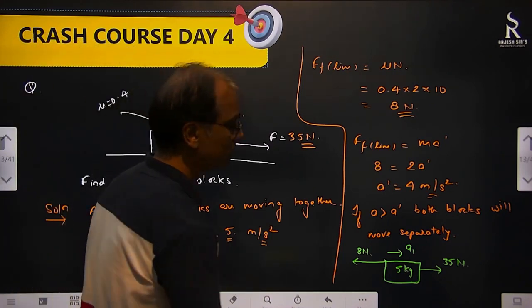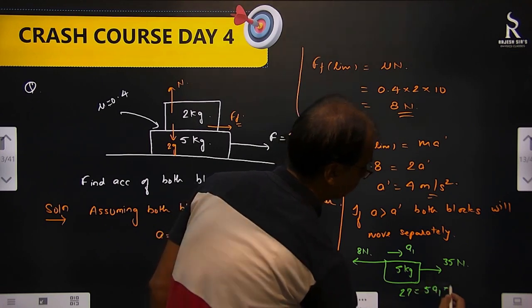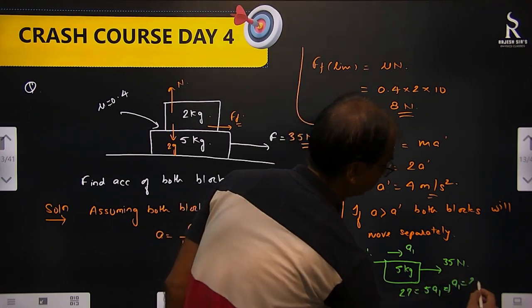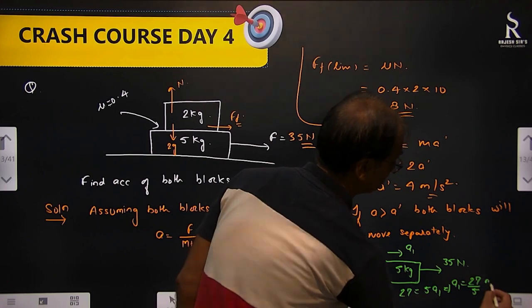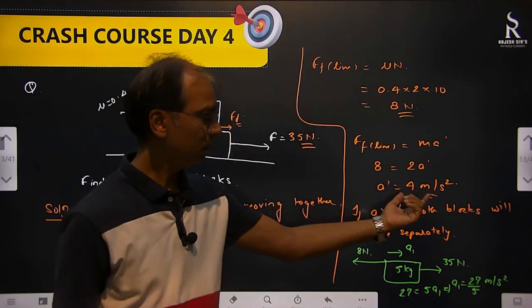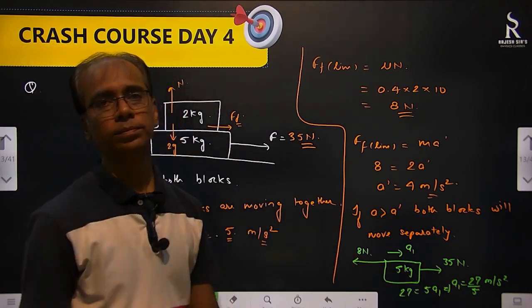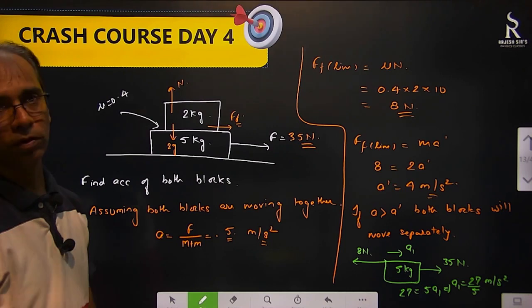Okay, so 27 equal to 5a1. So a1 is equal to 27 by 5. That's all. Over. For the upper block, 4. For the lower block, acceleration 27 by 5. This is how we have to solve this.